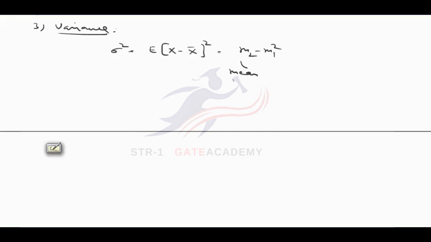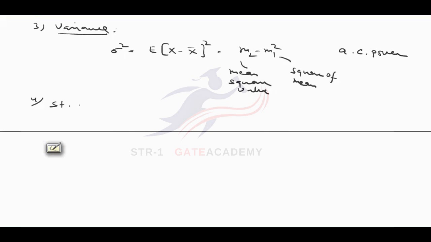Mean square value minus square of mean, square of mean value, is known as AC power, which is very useful in communication.